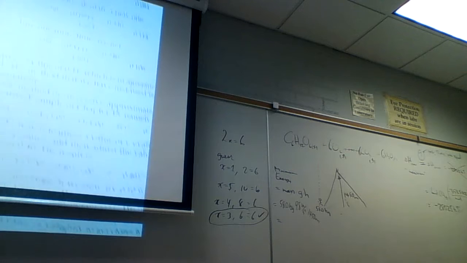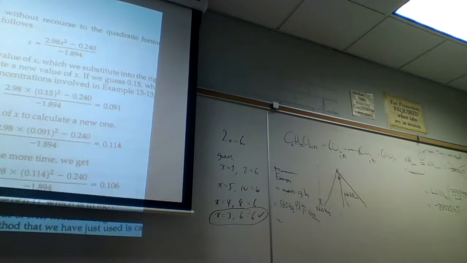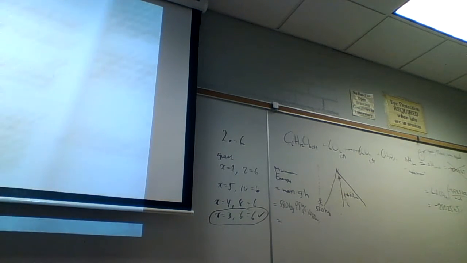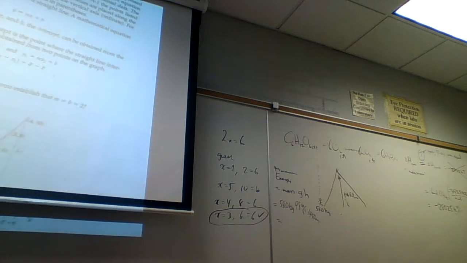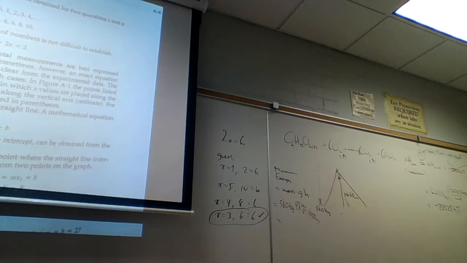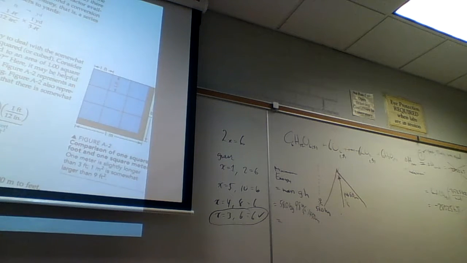And it proves to be quite useful, especially in Chem 1B. And so there's about a page and a half of that. And then it continues on with graphs. You see an example of a graph there.